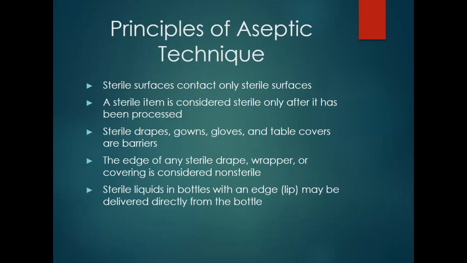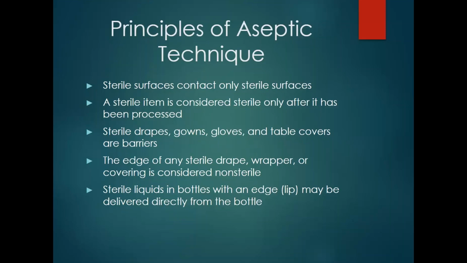Sterile drapes, gowns, gloves, and table covers are barriers. So we talked about this already. These are the barriers between the non-sterile areas. They're creating a sterile field. The edge of any sterile drape, wrapper, or covering is considered non-sterile. Now, when a sterile item is opened, let's say when you're peel packing an item, the little peel pack where it's sealed, that edge of the wrapper is not considered sterile.